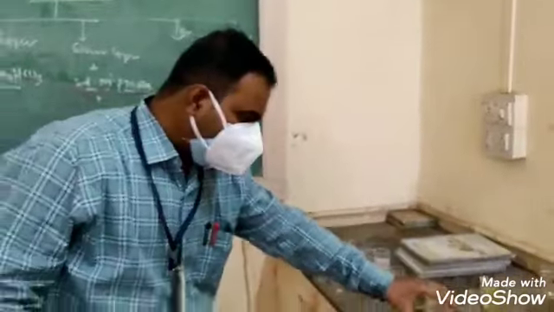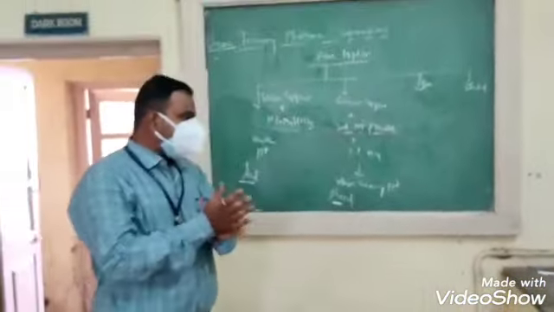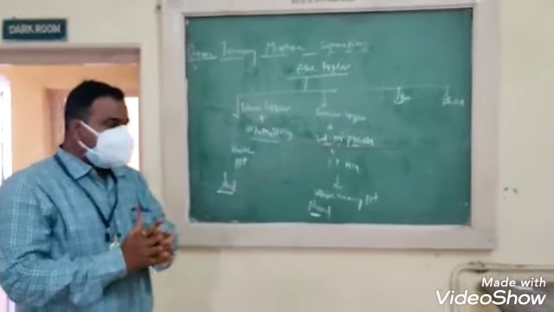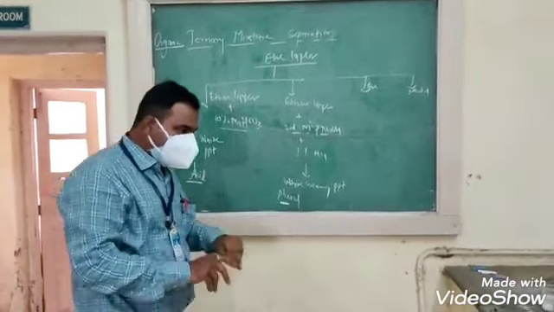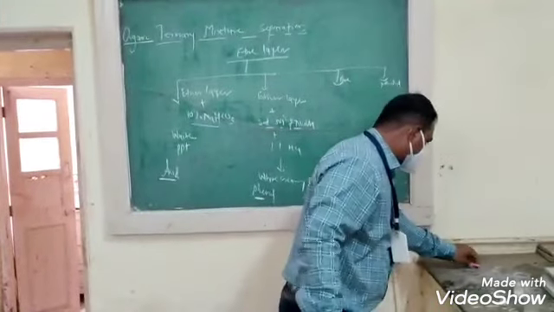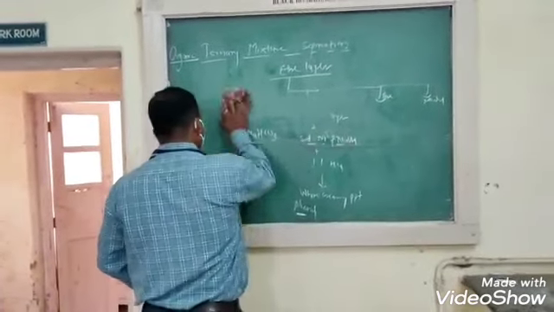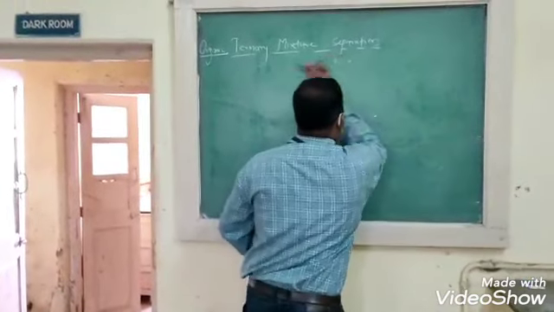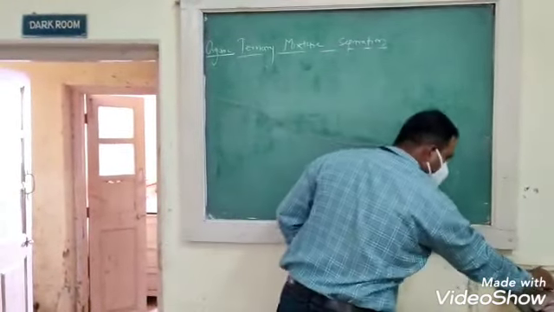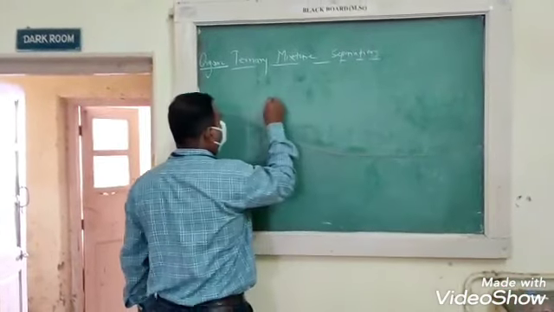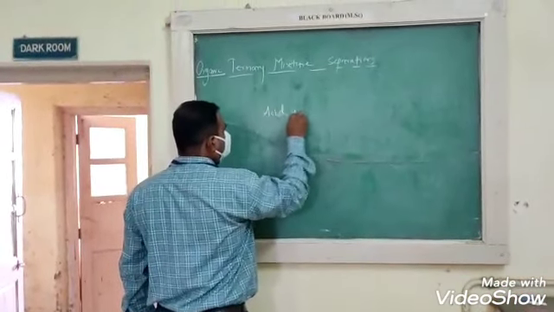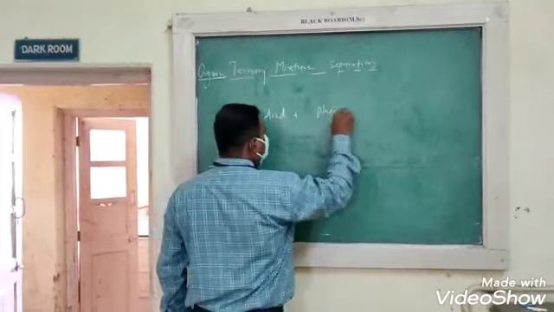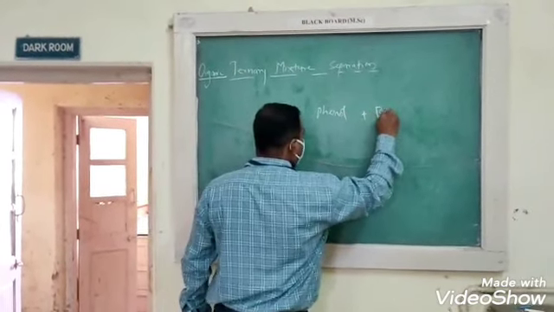Now the next step for this ternary mixture is the separation of the mixture. The given mixture contains three components, that is acid, phenol and base.